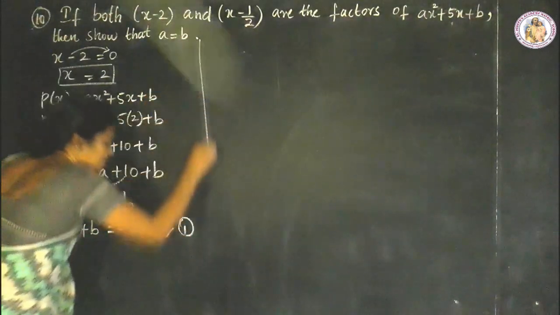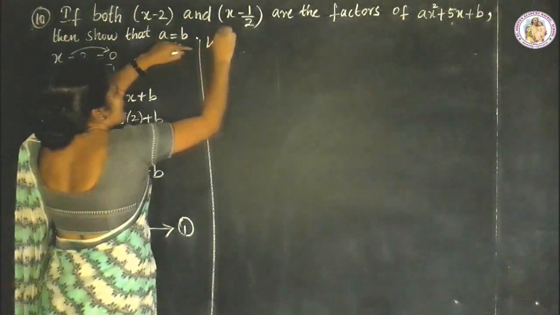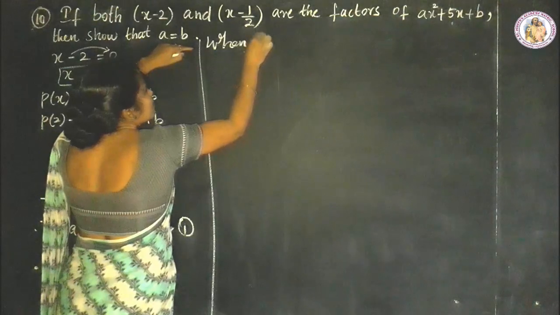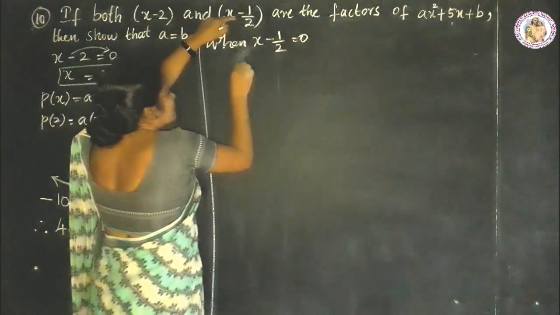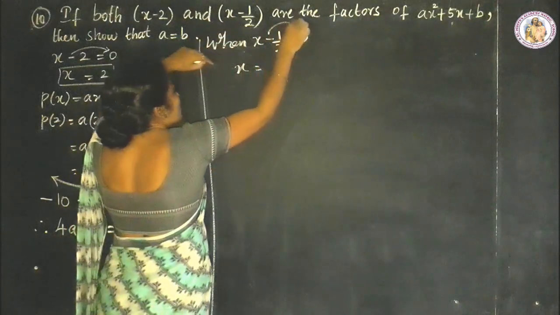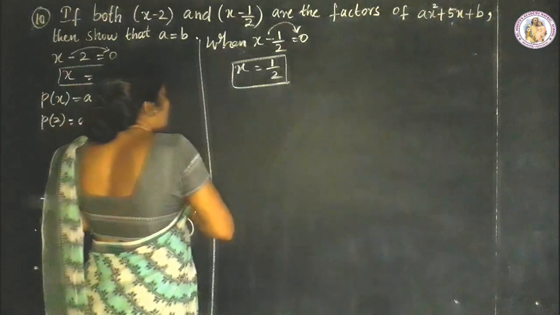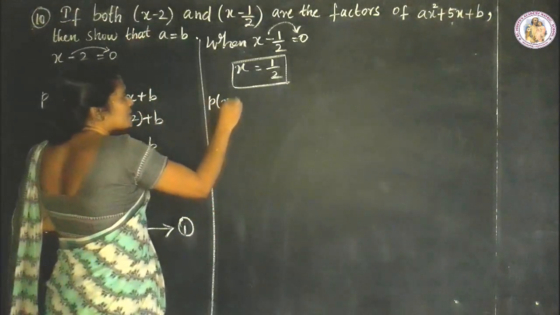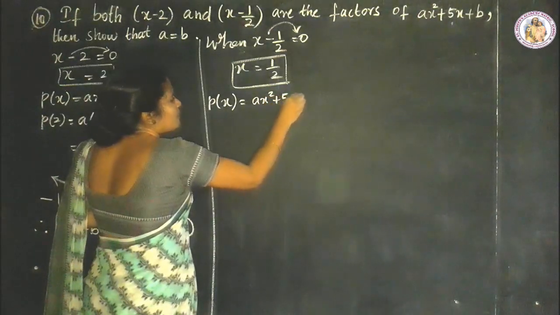Now let us go with x minus 1 by 2 is equal to 0, then x is equal to minus 1 by 2, which will become plus 1 by 2. Now take the polynomial p of x is equal to ax square plus 5x plus b.